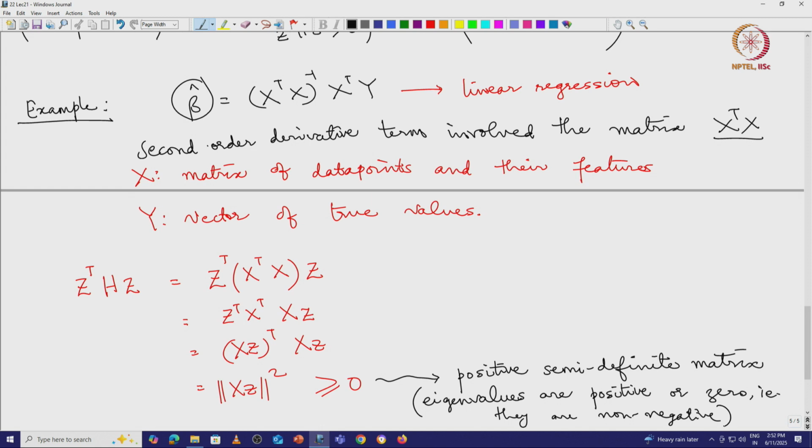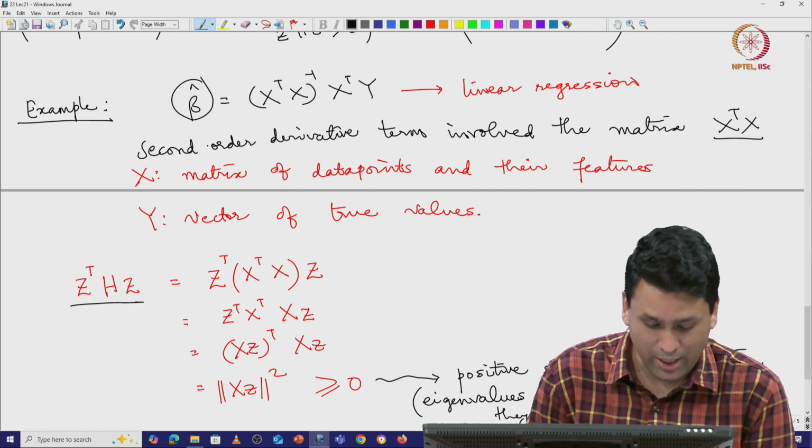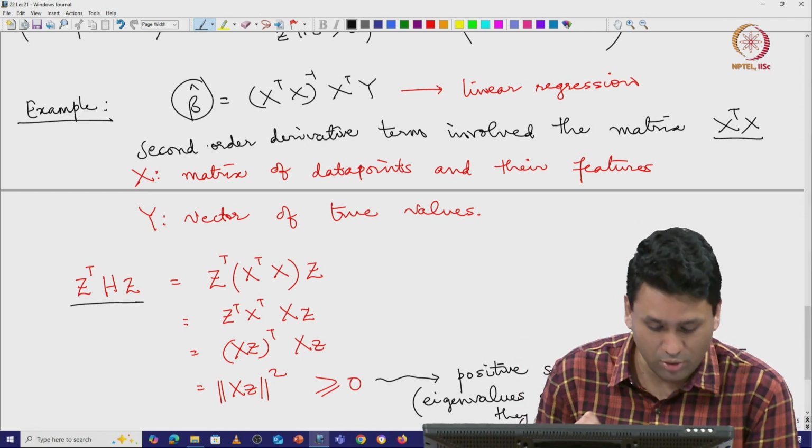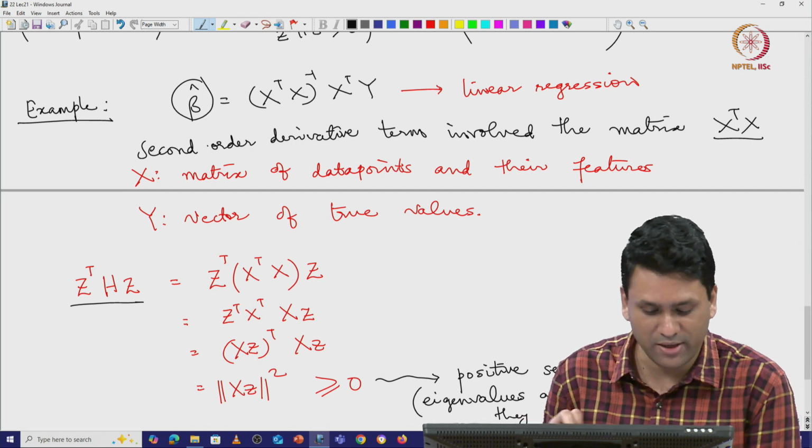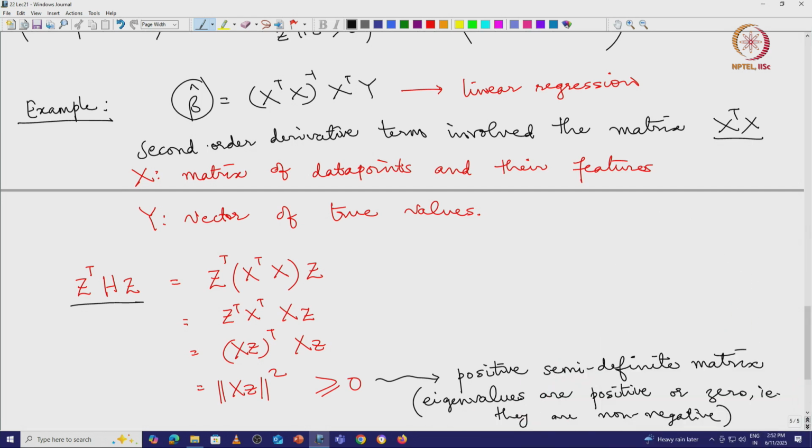So, I hope you understand the difference between a positive definite matrix, where z transpose H z will definitely be greater than 0 and the eigenvalues are all greater than 0, and a positive semi definite matrix where z transpose H z is greater than or equal to 0, and that can happen if some eigenvalues are positive and some are 0, but they have to be non-negative for this to be necessarily true.